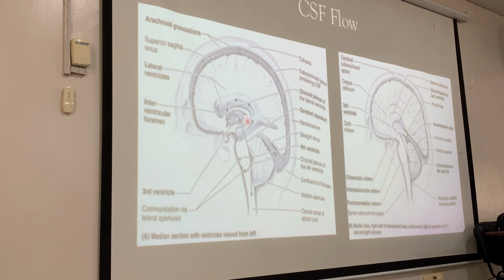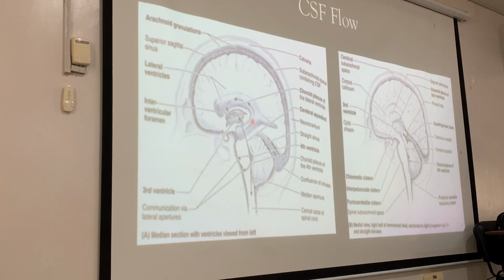And it can increase the intracranial pressure so high that blood cannot flow into the brain. The patient can become comatose, and it can be a fatal situation if there is increased pressure from hydrocephalus. Okay? So that is the flow of CSF.